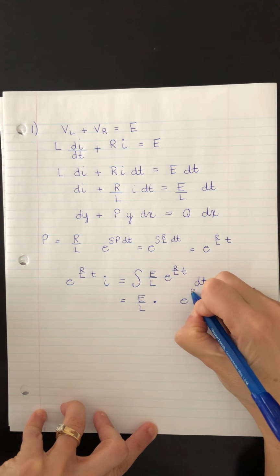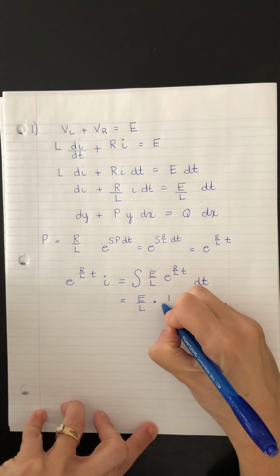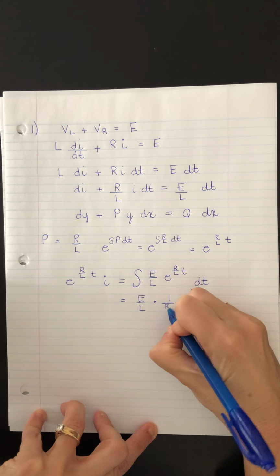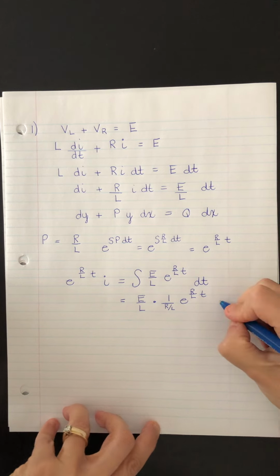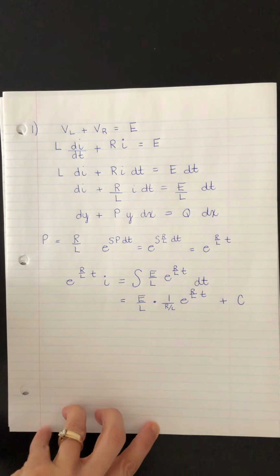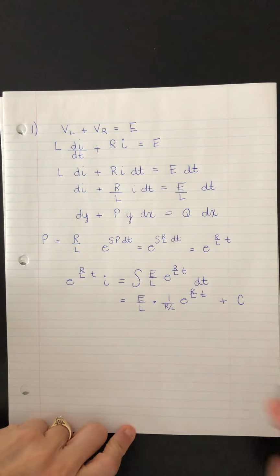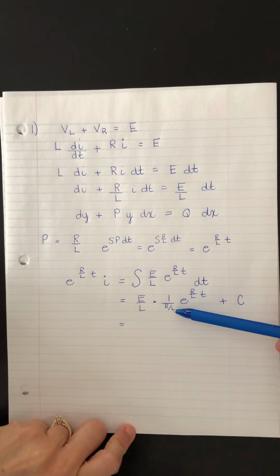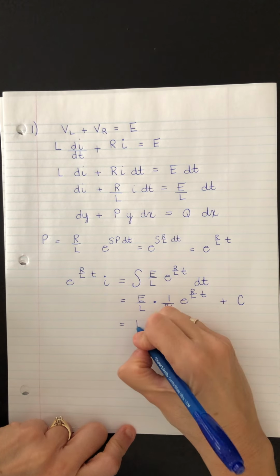To integrate it, all you do is repeat the exponential function, but in front of that we would have 1 over R over L, since R over L is the derivative of the exponent. And then here, of course, plus a constant. So there's my constant at the end. Okay, let's simplify this. 1 over R over L is the same as L over R. So this now becomes E over R.